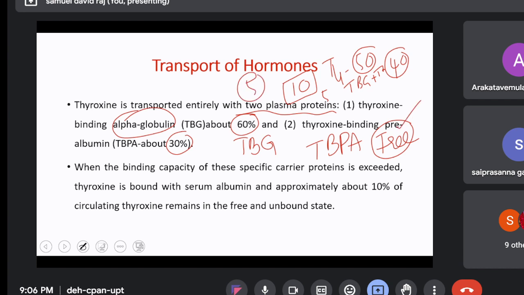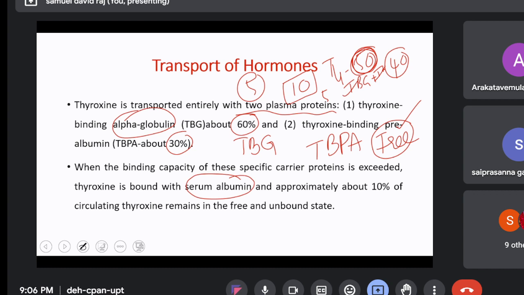There are still 5 molecules remaining, when the binding capacity of these two proteins is exceeded, that means the number of thyroxine molecules is more than can bind, and thyroxine can even bind with serum albumin.